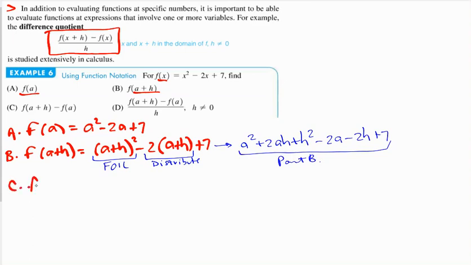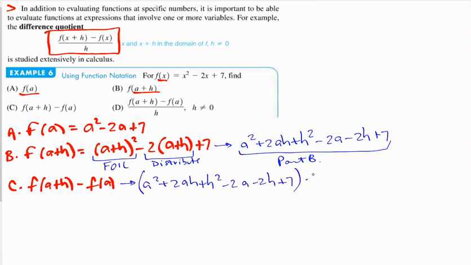Part C asks that we take f of a plus h and subtract f of a. So we're going to take our answers from part B and subtract the answer from part A. So we see that a squared minus a squared cancels.